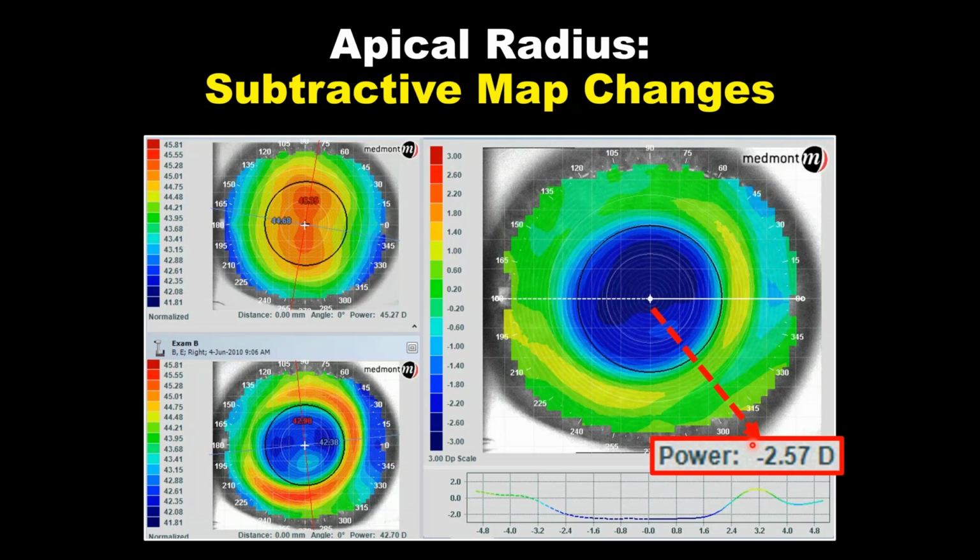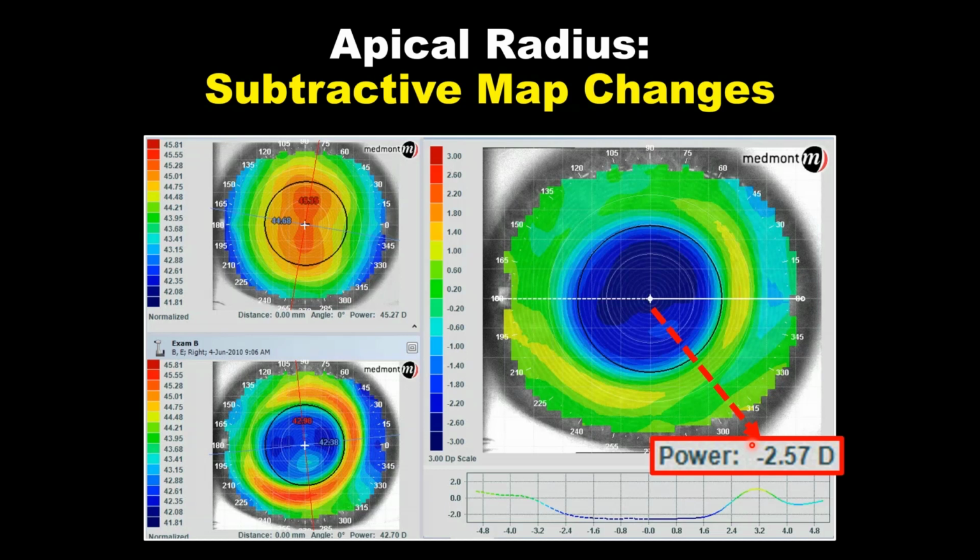So it's very common when we refract patients post ortho K in the first few days that they will take more minus than what they may actually need. And often visual acuity would suggest the patient is doing fairly well, but again, they might eat up or soak up the minus.